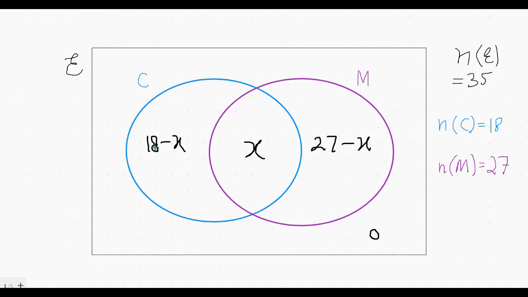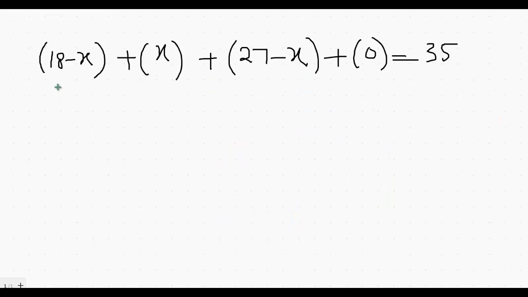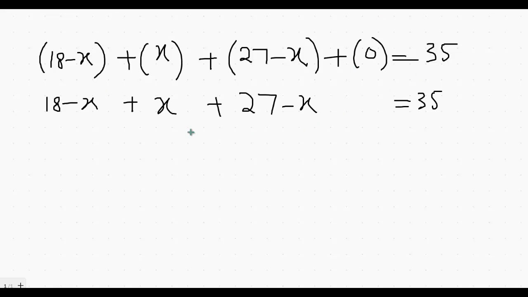Now let's form an equation. From algebra, first we have to simplify this. I have opened the brackets. You can see that this X will be cancelled out with this X because one is positive X and the other is negative X, the same but with opposite sign.